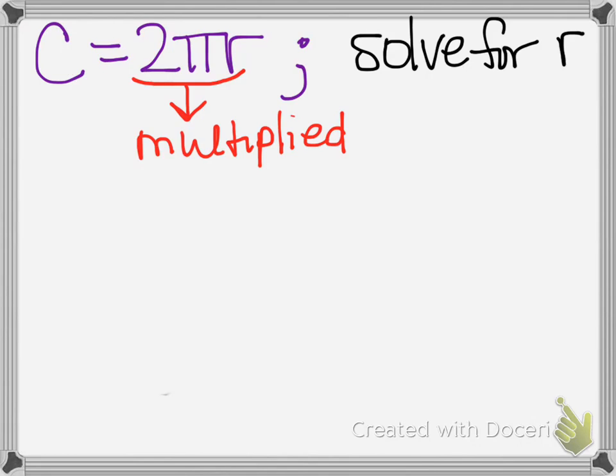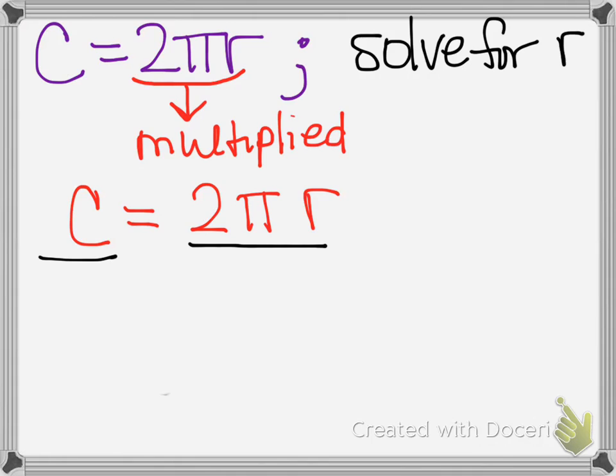So we're going to divide both sides of the equation by both pieces that are being multiplied. The 2 is being multiplied and the pi is being multiplied. So we divide both sides by 2 pi.